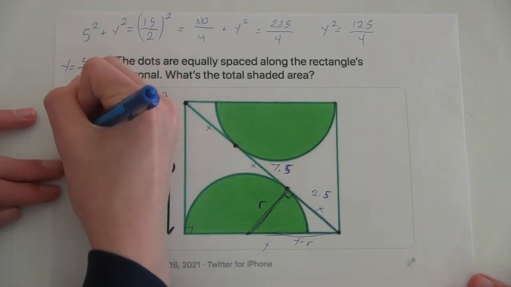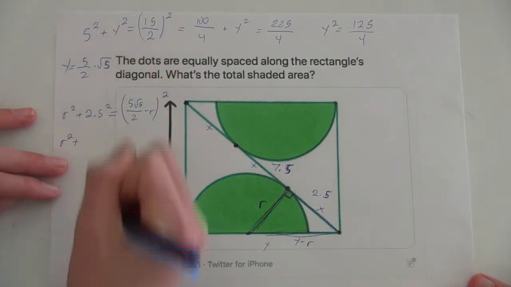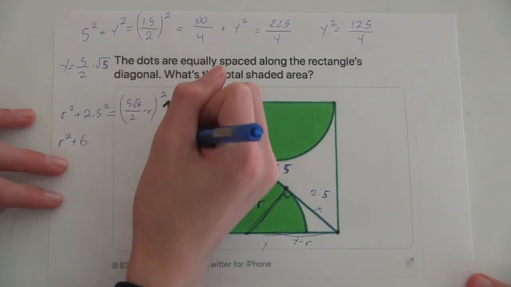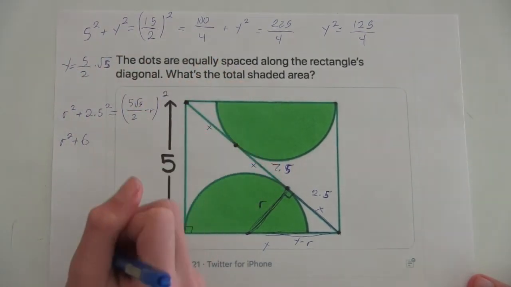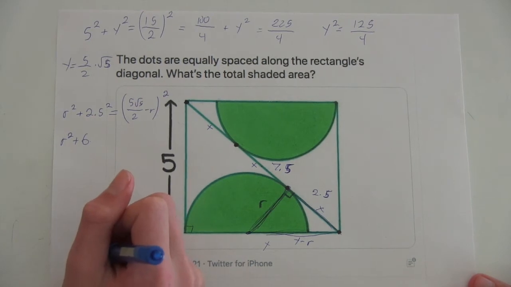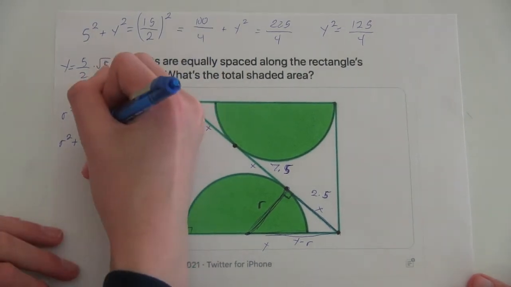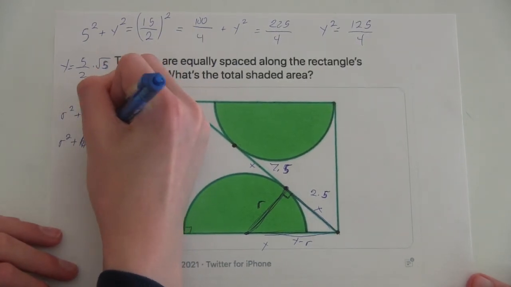Alright, so r squared doesn't simplify at all. 2.5 squared, we can write that as 6.25, or maybe 25 over 4 would be better. Yeah, 25 fourths.